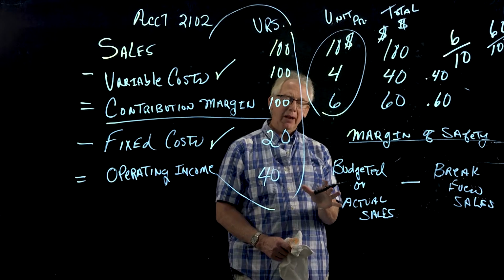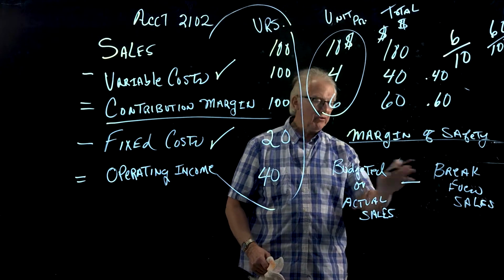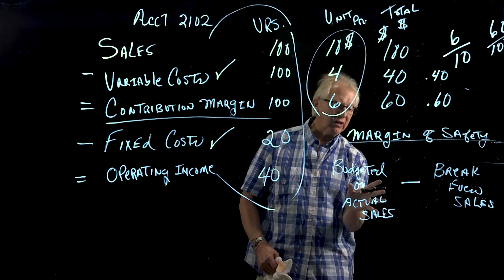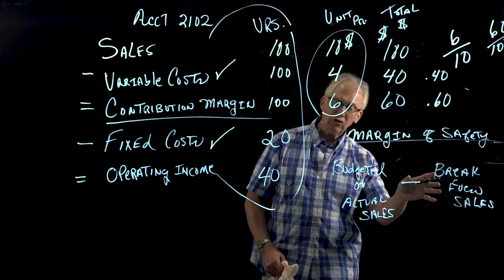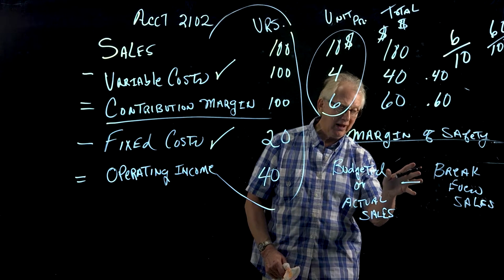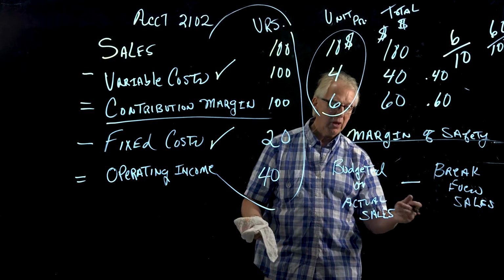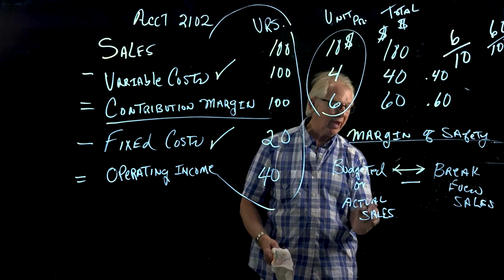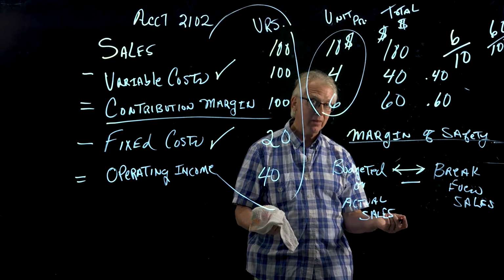Now, if you think about it, the margin of safety is really the difference between the budgeted or actual sales and the break-even sales. It's the amount of sales that you can start losing until you get all the way down to break-even sales. You can still make money. You're going to make less and less money, but when you get to break-even sales, you won't make anything. So it's this like padding between the budgeted and actual sales and the break-even sales. They call that the margin of safety.